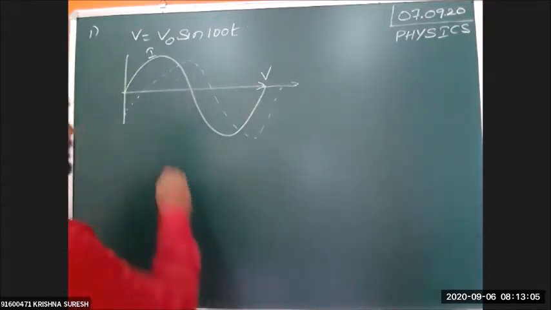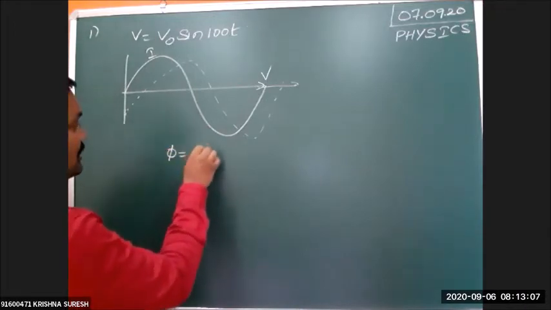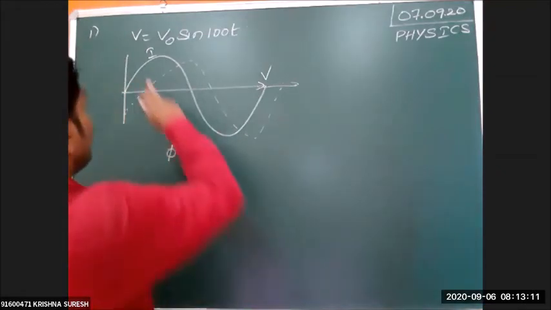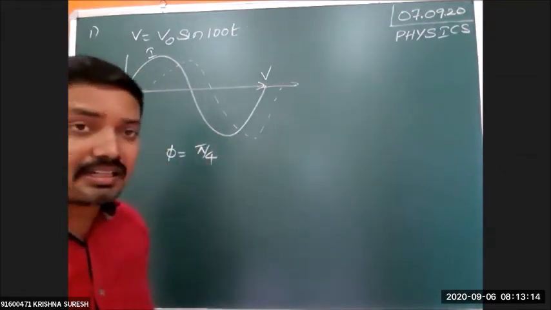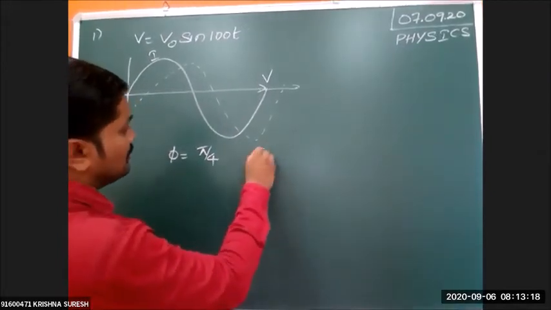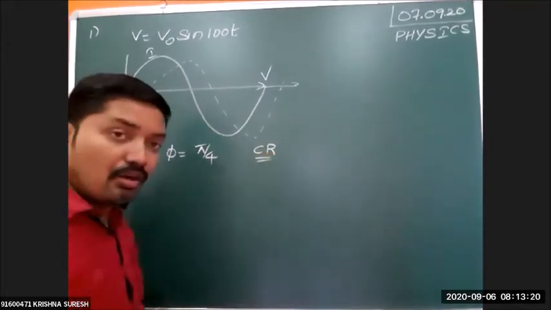He gave you how much the leading is. That is pi by 4, phi is equal to pi by 4. So current is leading the voltage, which means that combination is nothing but a CR combination.